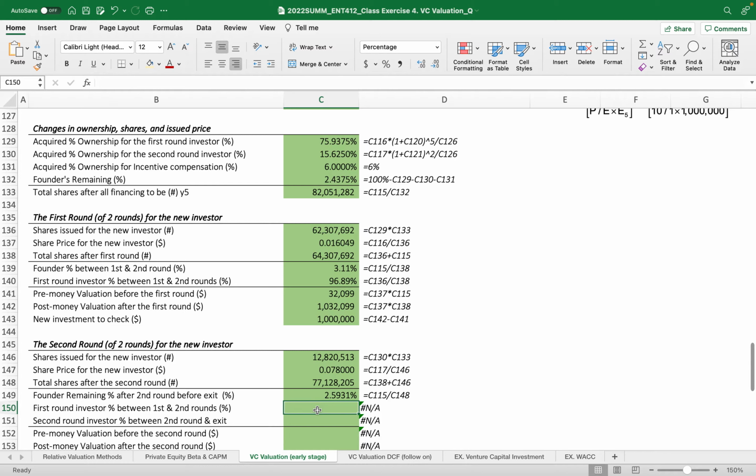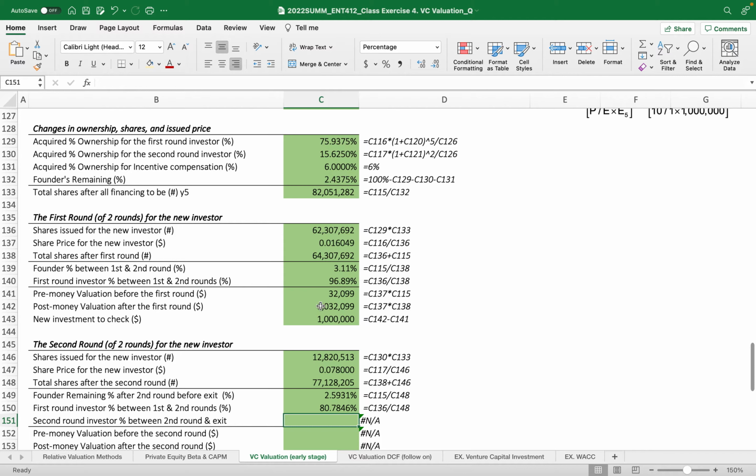And then the first round investors' percentage between the first round and the second round. How to get it? Right, 62 is the number of shares that the first round investors have been holding, right? And then divided by the new total number of shares after the second round, so 80%, right?